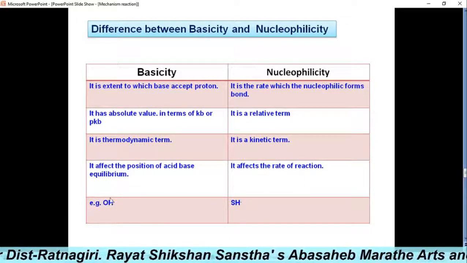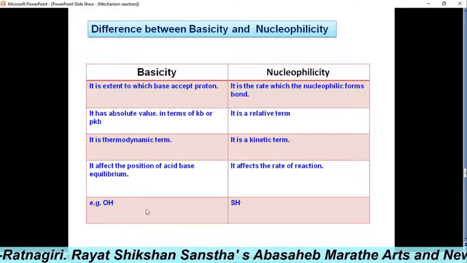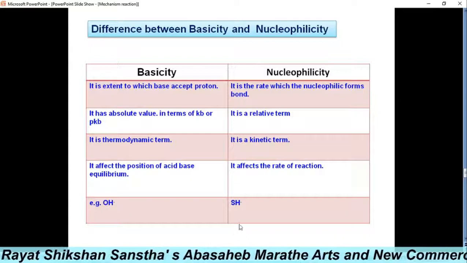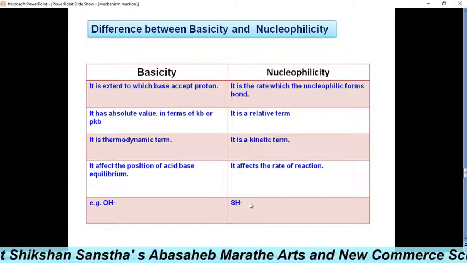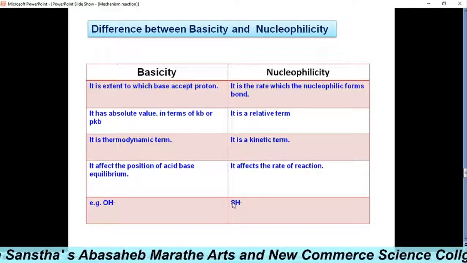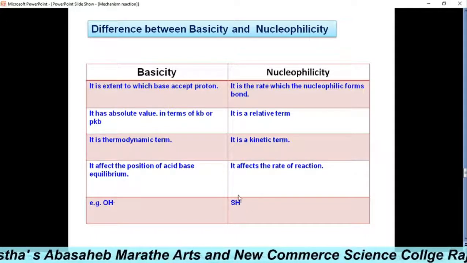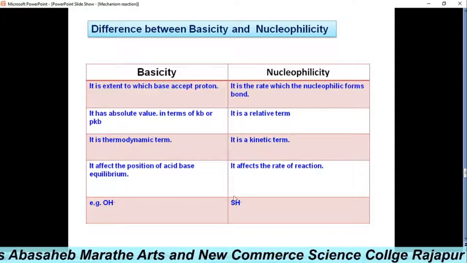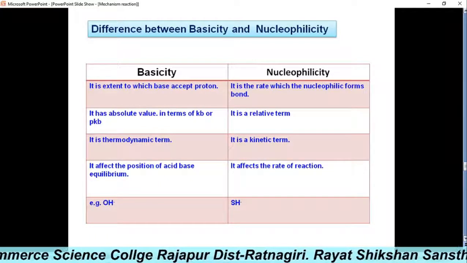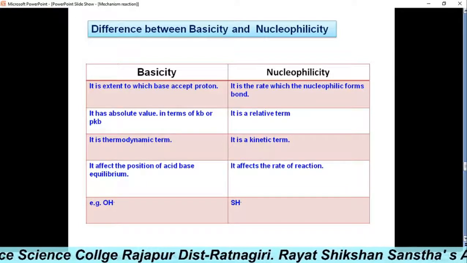For example, OH minus is a good base and SH minus is a good nucleophile, because the size of the atom is larger, so it is a good nucleophile.